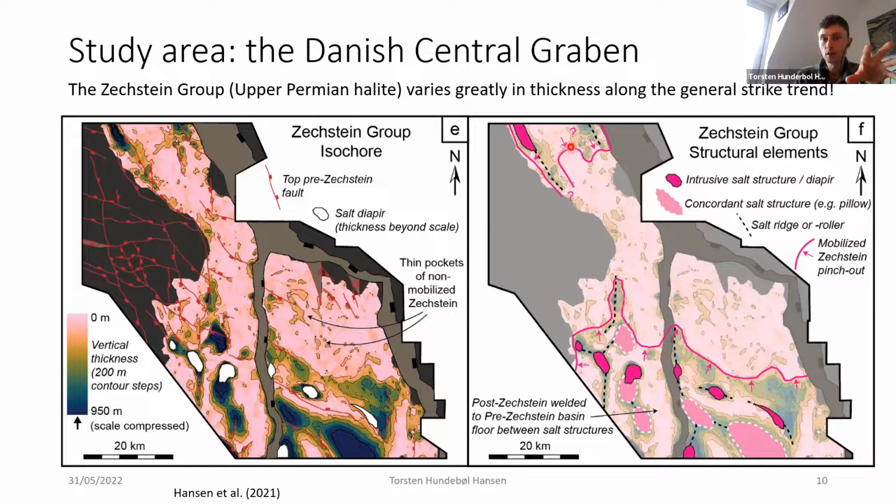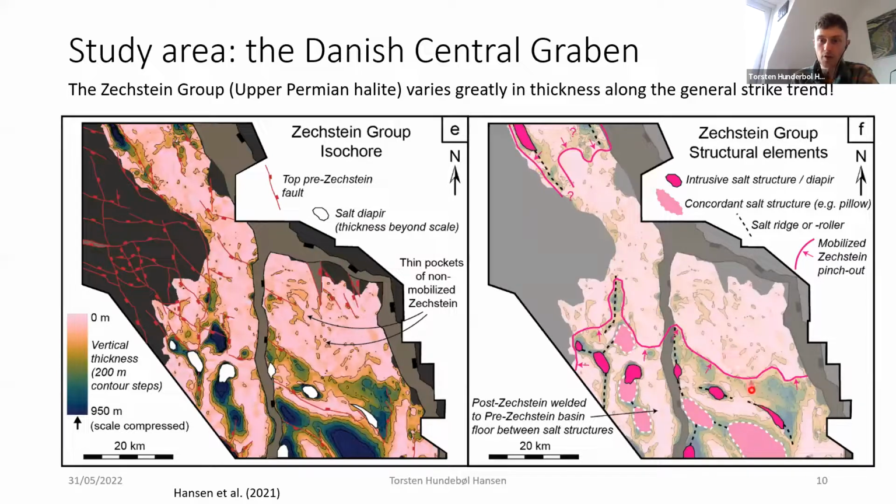So if you walk through the Danish Central Graben along the deepest part of the rift basin, following the base of the Coffee Soil fault, which is outlined here along the edge of the study area, you'll see that if you come from the south, you'll first be in an area with gigantic and very attractive mobile salt structures: pillows, diapirs, delaminating salt wings, stuff like that.